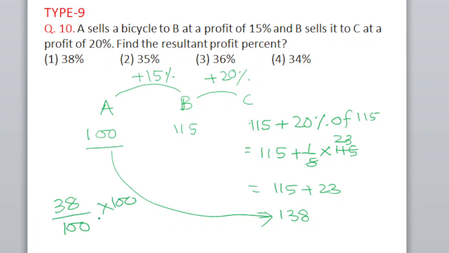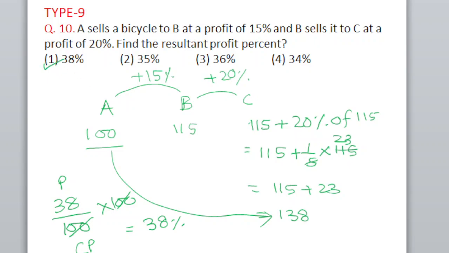So that is equal to 38%. Now here it is profit, according to our formula, it is profit by CP multiplied with 100 to get the percentage. So that is equal to 38%. That means your option 1 is the right answer.